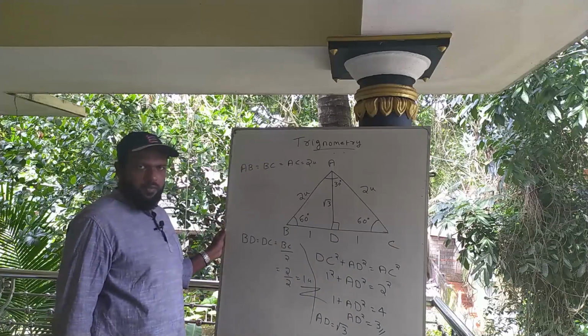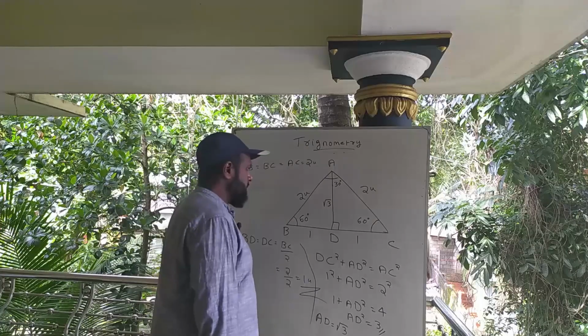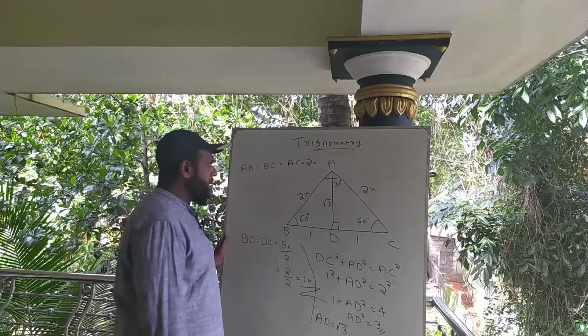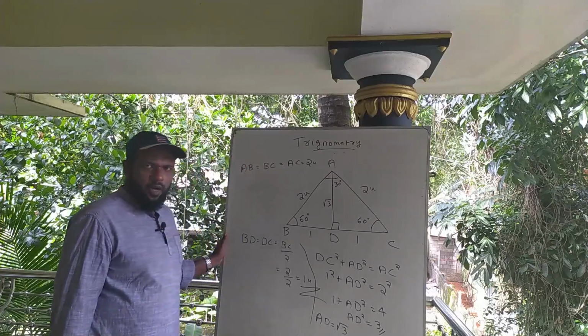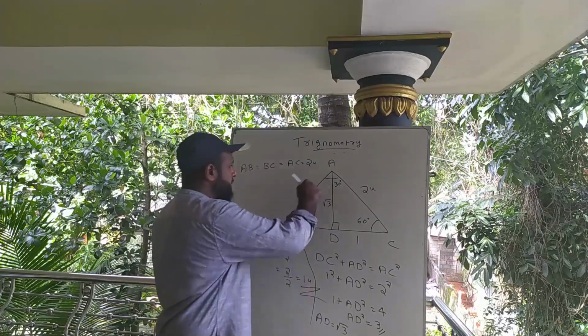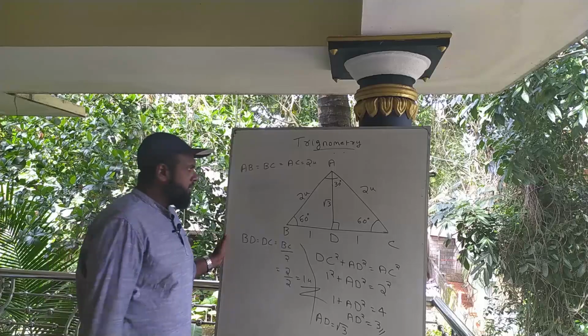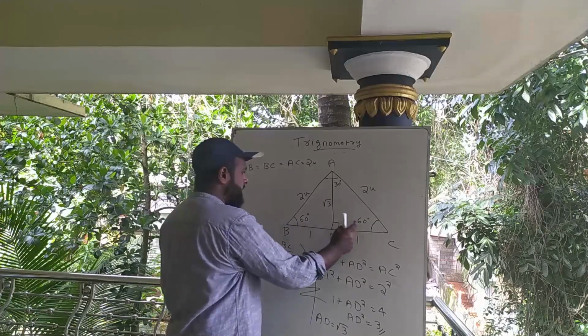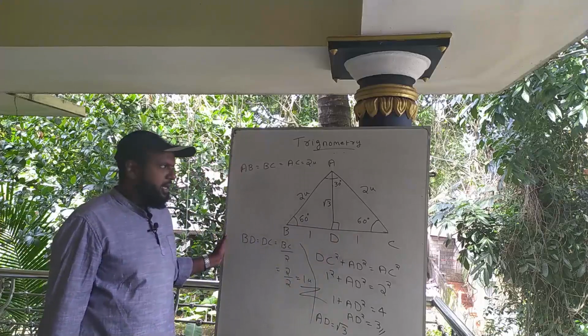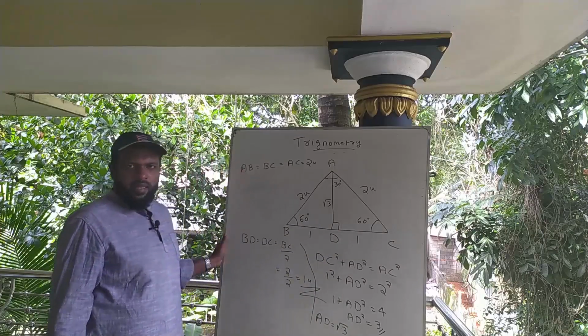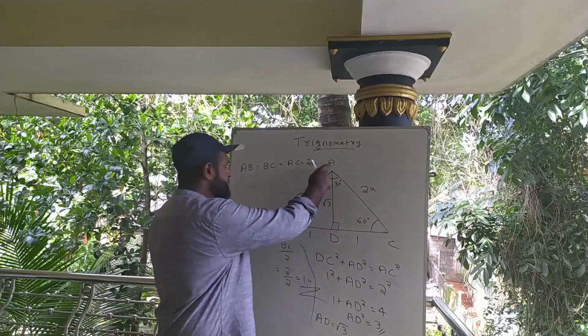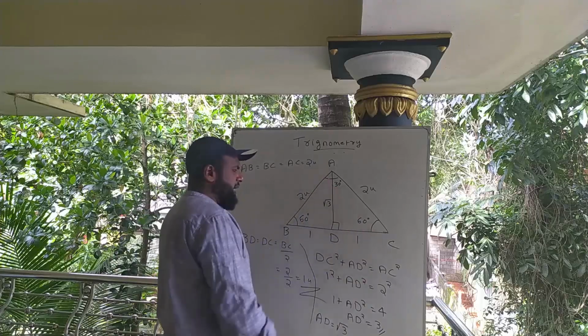Let me say once more. First of all, I draw an equilateral triangle ABC. What is the speciality of equilateral triangle? Angle A equal to angle B equal to angle C equal to 60 degree, and 3 sides are equal. That is AB equal to BC equal to AC.